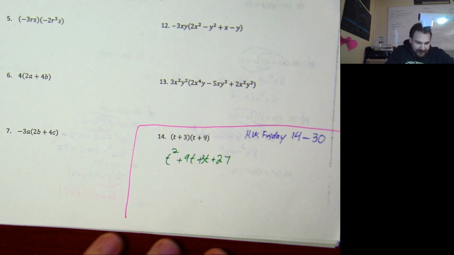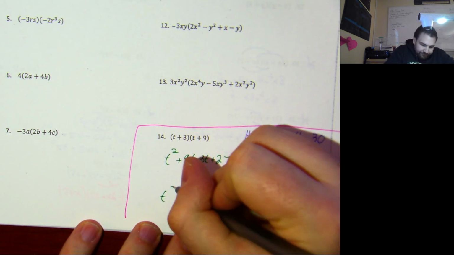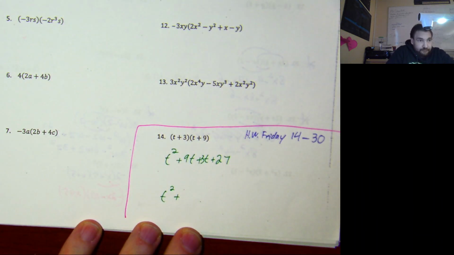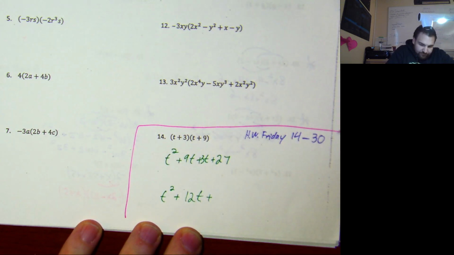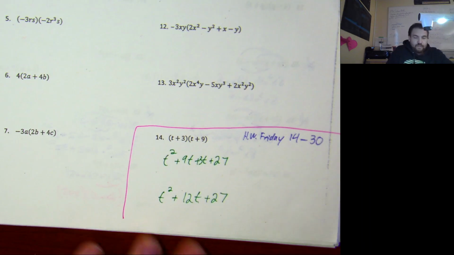We got a group. You tell me, is that simple? Why? It does have a leading coefficient, but the leading coefficient is 1. Okay, so this is simple.